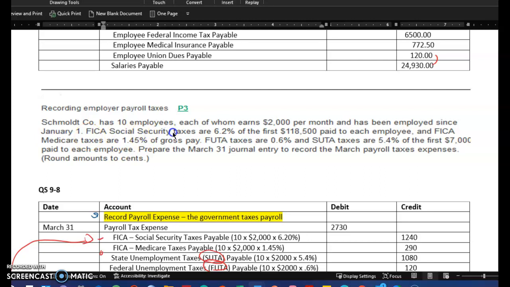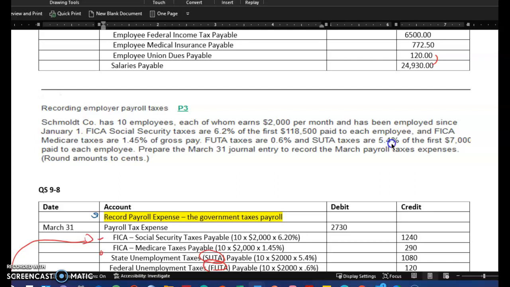FICA Social Security taxes are 6.2% of the first $118,500 paid to each employee, and FICA Medicare taxes are 1.45% of gross pay. FUTA taxes are 0.6%. SUTA is 5.4%. Remember I told you SUTA would be given? I would say that's probably the highest amount for SUTA.